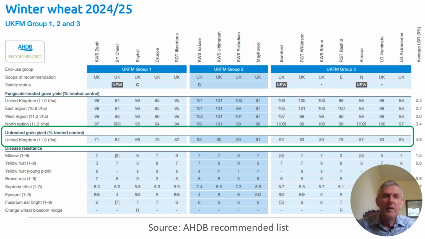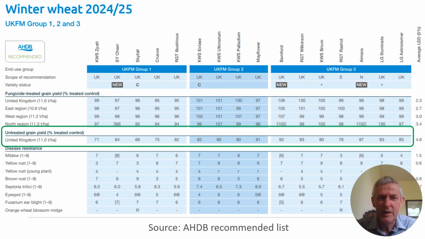However, if we take a look at the recommended list of winter wheat varieties here, this list does give us good data on the untreated yield of those varieties, and we've seen over recent years really exceptionally good progress in increasing the untreated yields, in other words, reducing the impact of disease on yield in the absence of fungicide treatment.